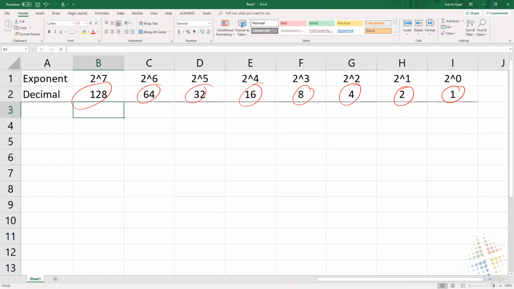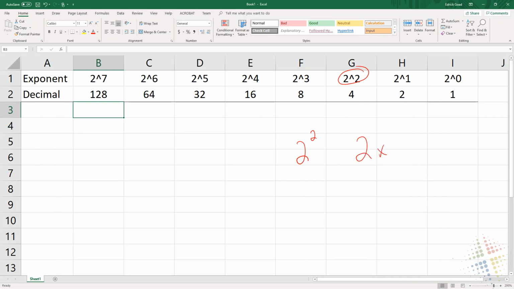Great. Now the column above that talks about an exponent. Now this is where, if you get lost here, don't worry about it. It's not super important at this point. However, the exponent, for instance, 2 to the 1. Actually, let's start with 2 to the 2. 2 exponent 2, sometimes also written with a little 2 up above it, refers to the number 2 being multiplied twice.